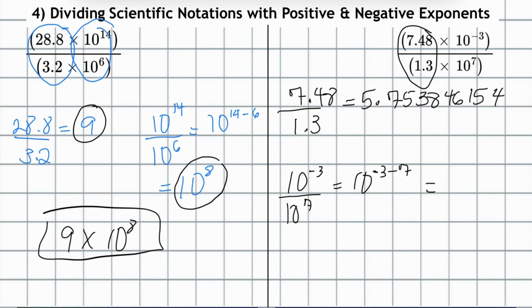You've got to be careful when you place it in the calculator. You need to know the difference between the minus sign and the negative sign. So when you place that, that's going to give you 10 to the negative 10.